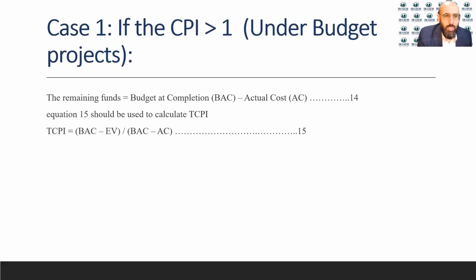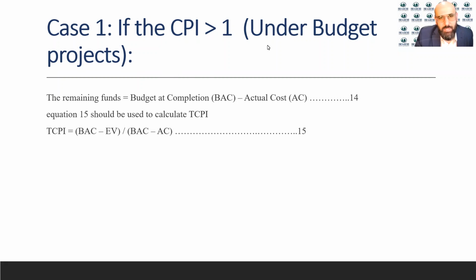All right. So the remaining funds would be the BAC, the budget for the project, minus the actual cost. And to find the TCPI, before we do this, we have to talk about case number 1, where the CPI is more than 1. Whenever you want to do the TCPI, the first thing you have to find is the CPI.